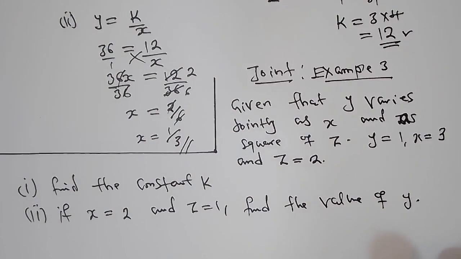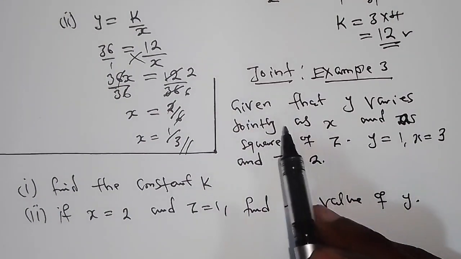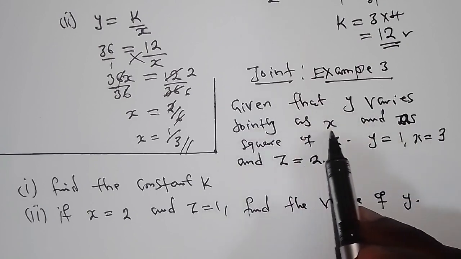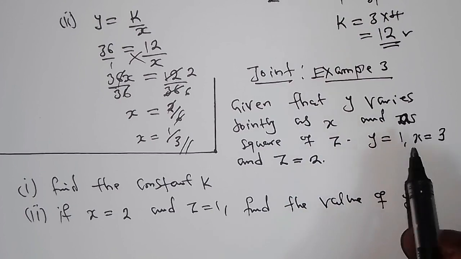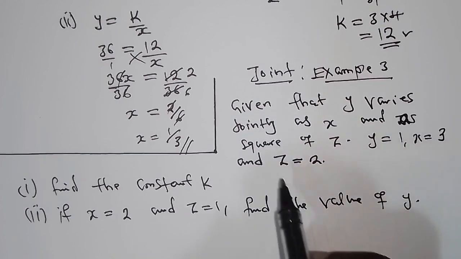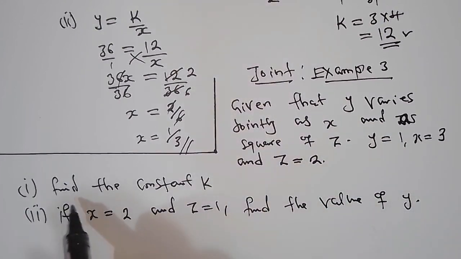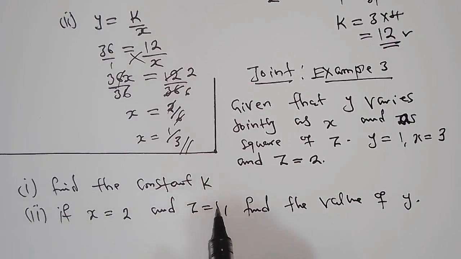Under joint variation, given that y varies jointly as x and the square of z, y equals 1, x equals 3, and z equals 2. Find the constant k. If x equals 2 and z equals 1, find the value of y.